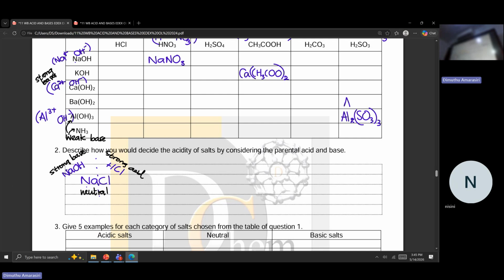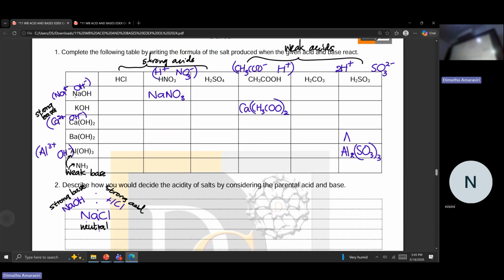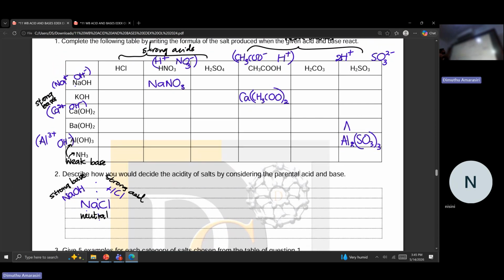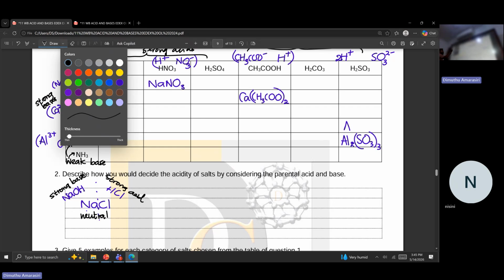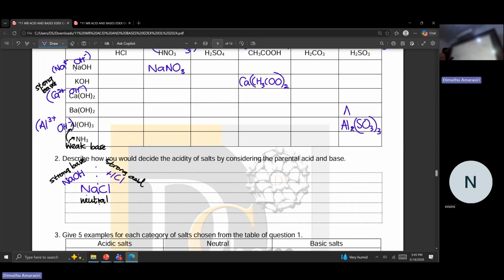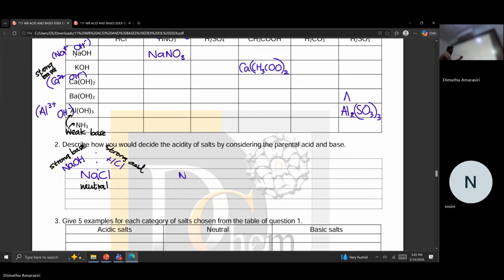That's the story. So we have an example. Let's take an example like ammonium chloride. Ammonium is coming from what? What is ammonia? It's a weak base.